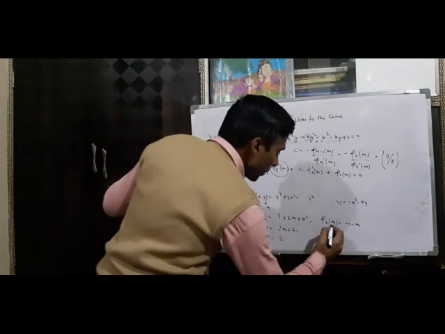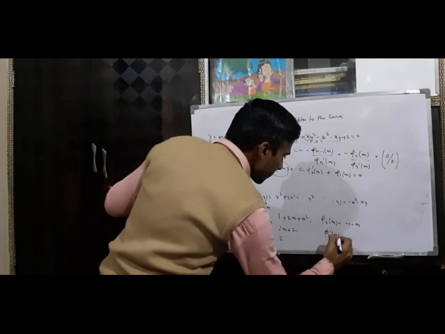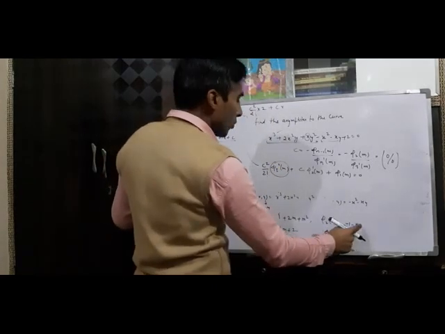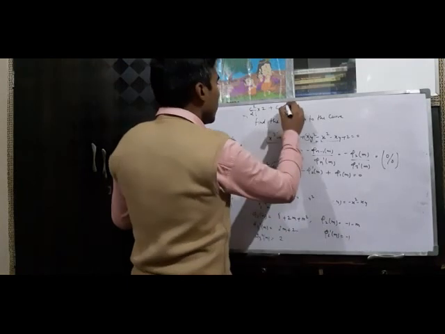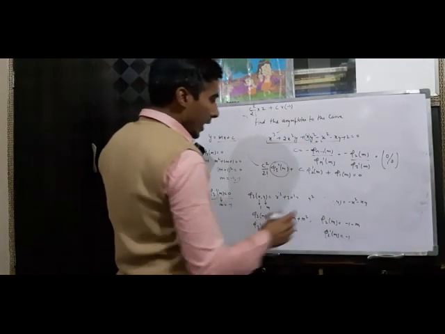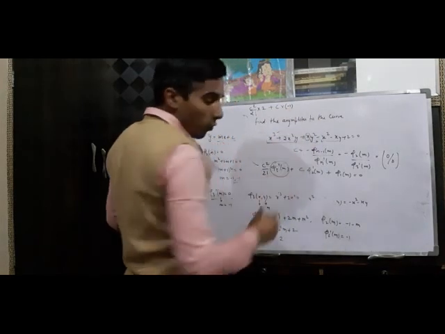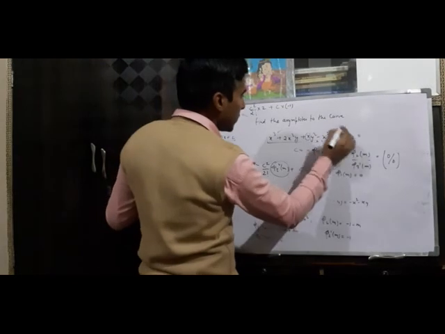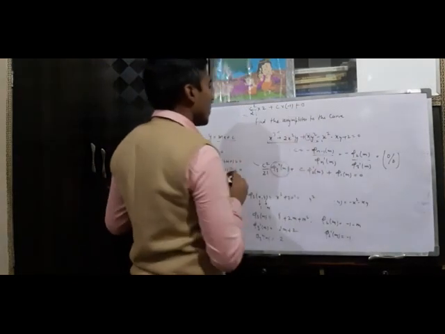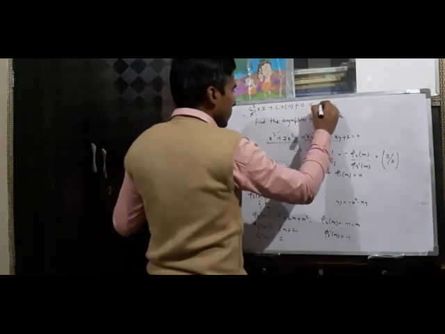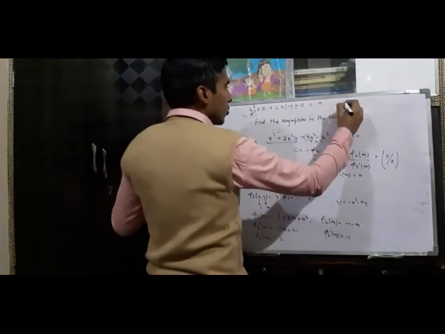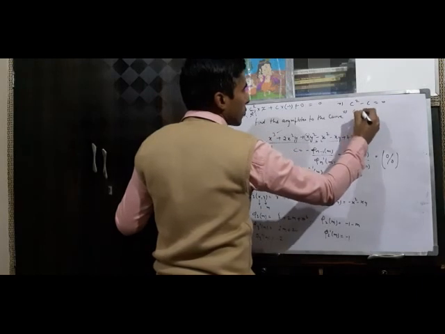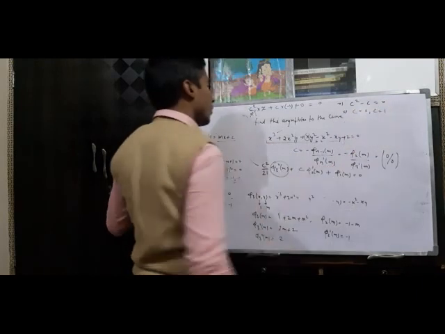Phi 2 prime of m is minus 1 when we differentiate it with respect to m. And phi 1 of m is 0. So we get this equation equal to 0. This implies c square minus c is 0, which gives c is 0 and c is 1.